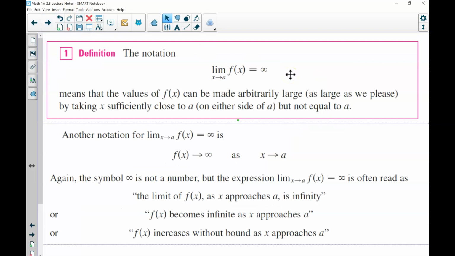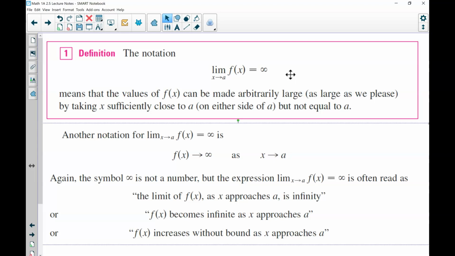Now, our first definition is to state that the limit of a function as x approaches a is equal to infinity means that the values of the function can be made arbitrarily large, or as large as we please, by taking x sufficiently close to a on either side of a, but not equal to a.